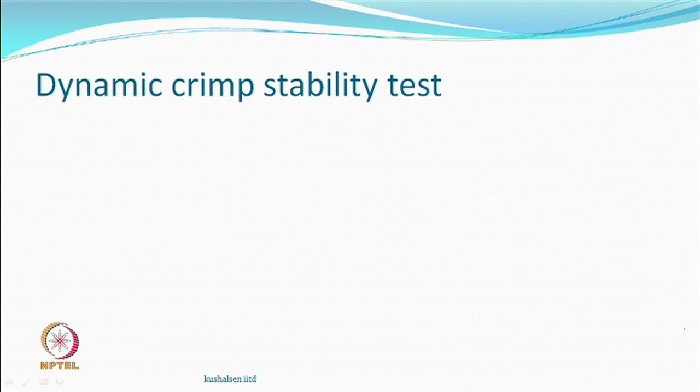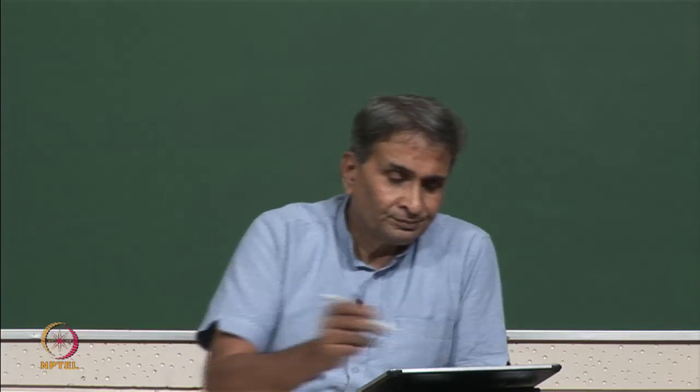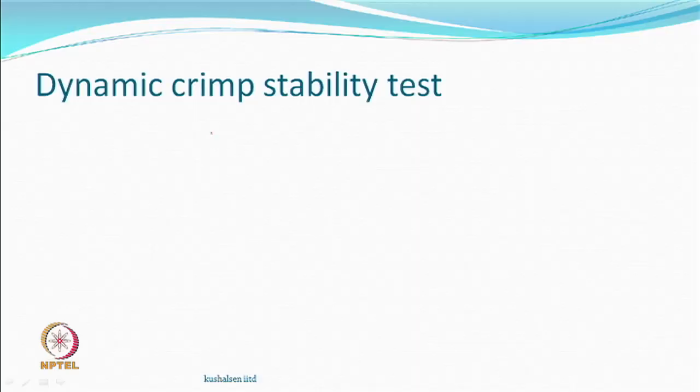The dynamic crimp stability test means that you will be doing some cycles of loading, unloading, right. So, one of the ways people suggested is, let us say on this side I am plotting stress.